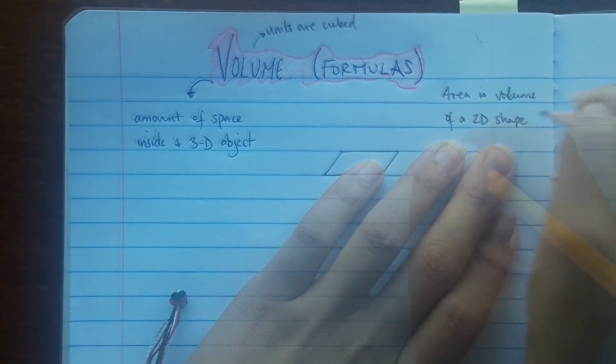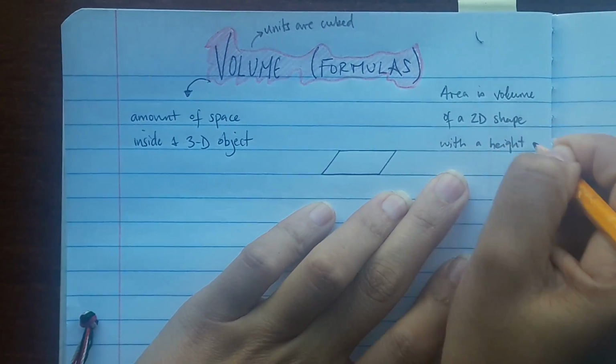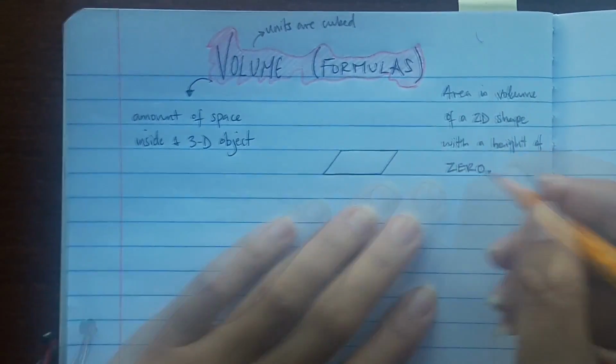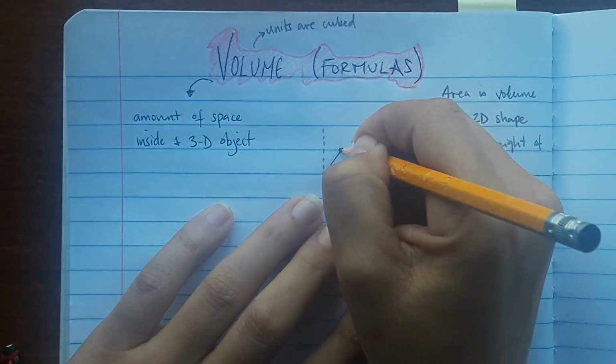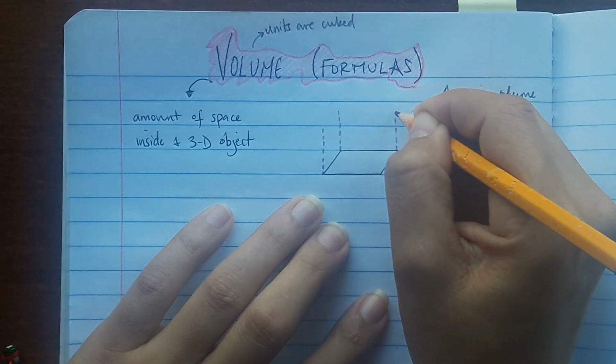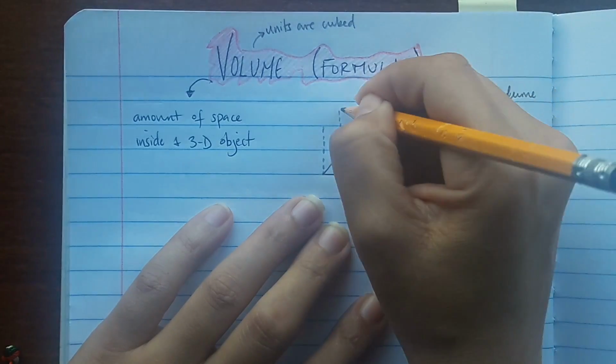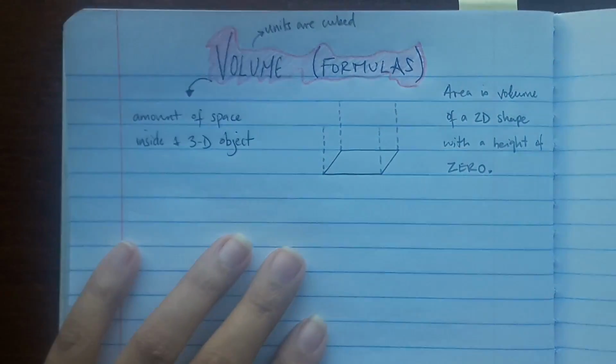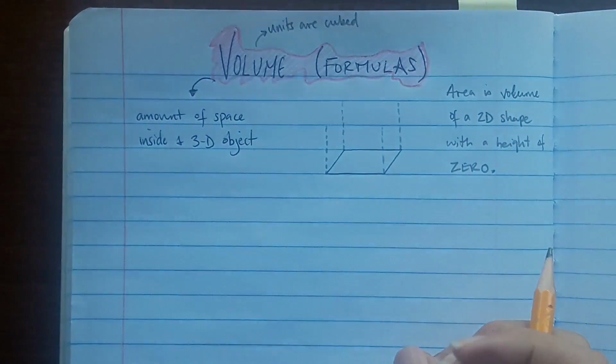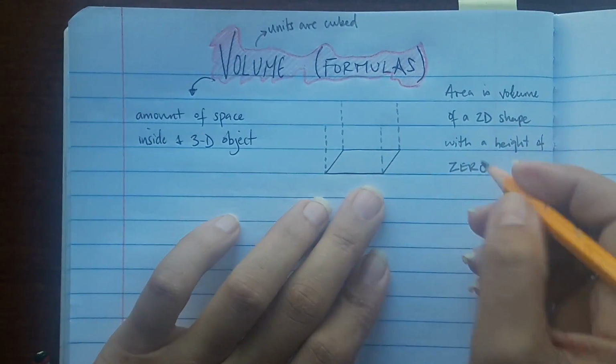Listening check, color in amount of space inside 3D object. Volume is area of the object times the height. So now that I'm making a height of my 2D object, I'm actually now making it volume. So the amount of space inside of this is going to be the volume.